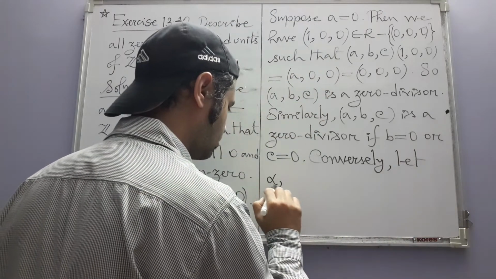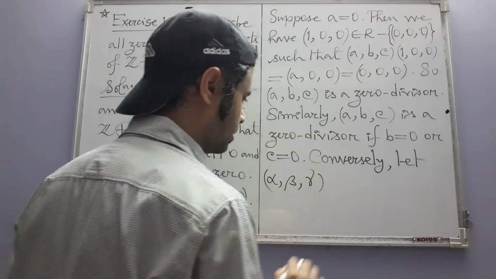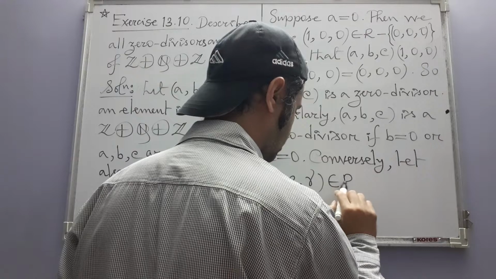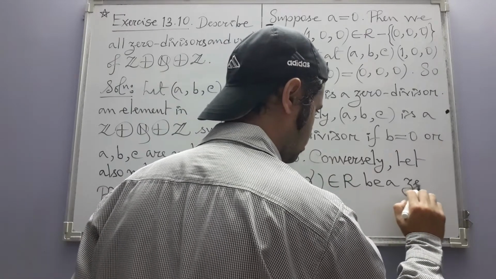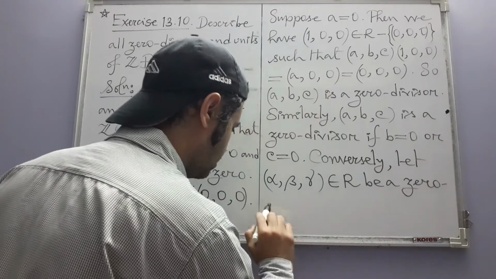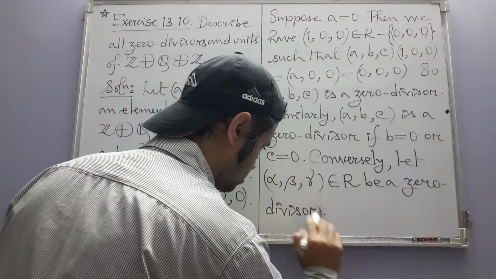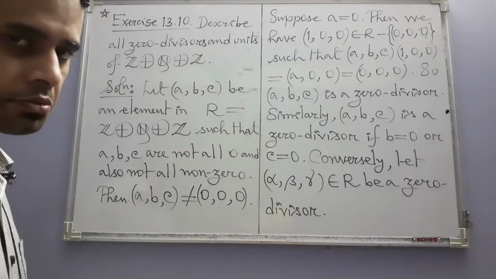Conversely, let (alpha, beta, gamma) belonging to our ring be a zero divisor. So what does that mean?